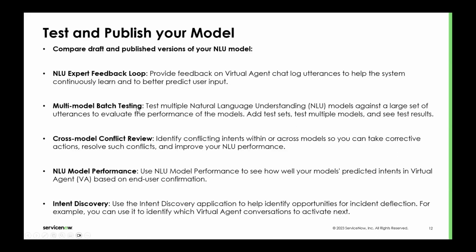The multi-model batch testing gives you the option to test multiple models against a large set of data. If you recall machine learning, usually it works in such a way that 80% of your data is where you want your machine models to learn, and then you keep 20% of the data for performance testing of that model, right?